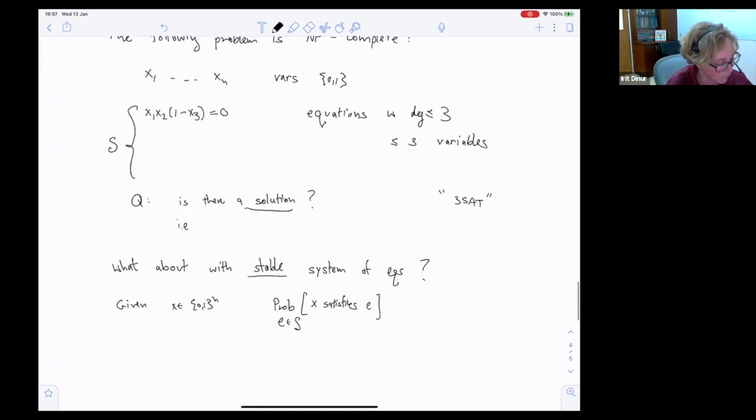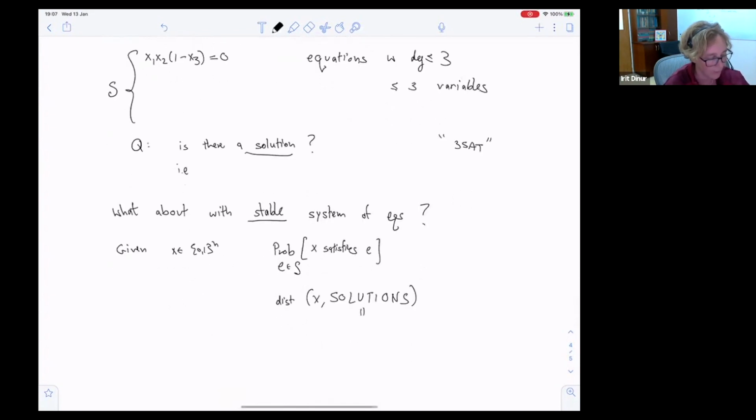And this is one measure. The second measure is the distance of x to the set of solutions, which might be an empty set, and then we define the distance to be maximal, 1. This set is just defined to be all the strings y such that y satisfies all equations.